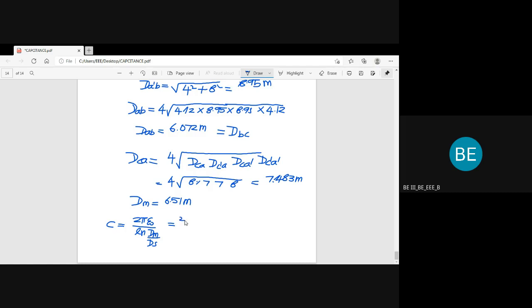So 2 pi into 8.854 into 10 power minus 12, divided by ln of, DM we have calculated 6.51, DS also we have calculated 0.3545.